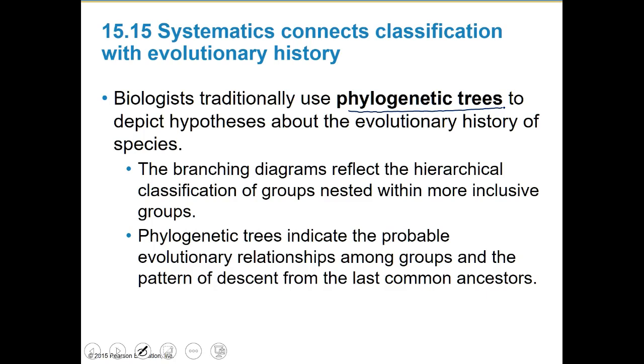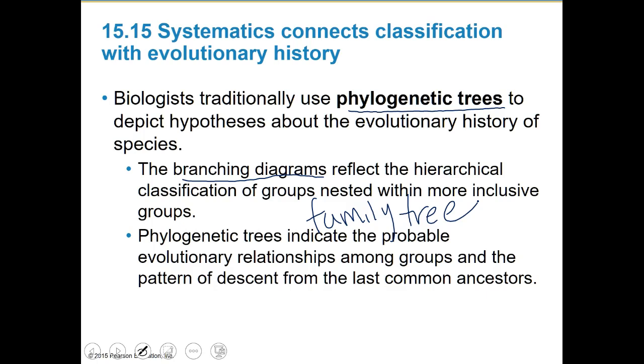So we typically will use phylogenetic trees to depict hypotheses about the evolutionary history of species. These are branching diagrams that you've seen before that reflect a hierarchical classification of groups nested within more inclusive groups. So it's sort of like species family trees.